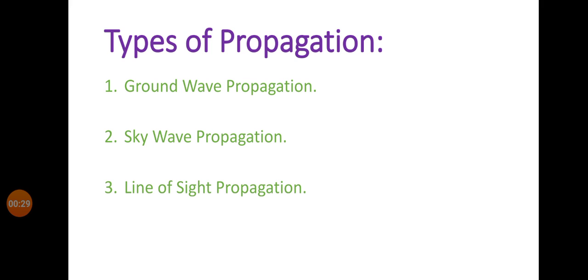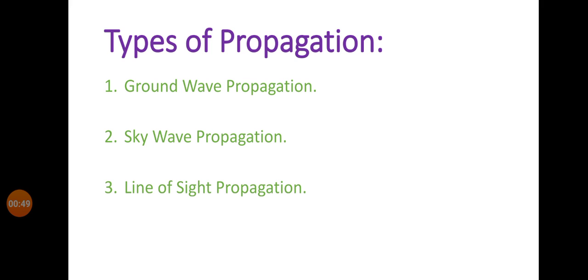Clear? There is no hardware media, there is no device media. They use atmosphere to transmit. Clear? So in unguided media we use some types of propagations here, and those we are going to study.